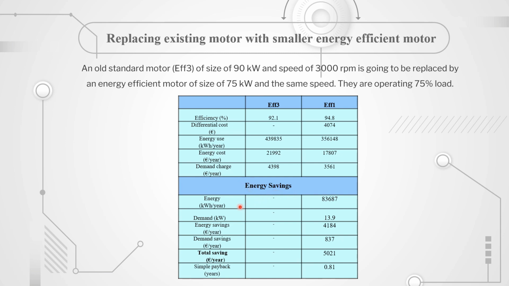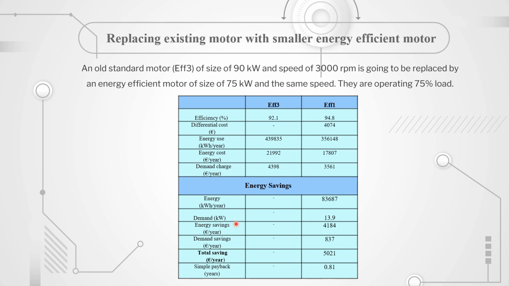So this is the energy saving. We just subtract the EFF1 value from the EFF3. As for this, there will be no saving from EFF3 because it is much higher than EFF1 in terms of energy use, energy cost, and demand charge.